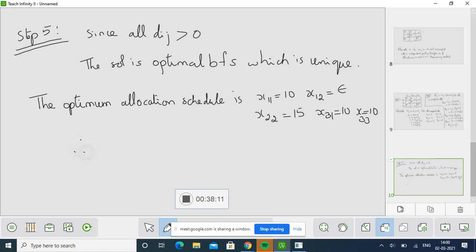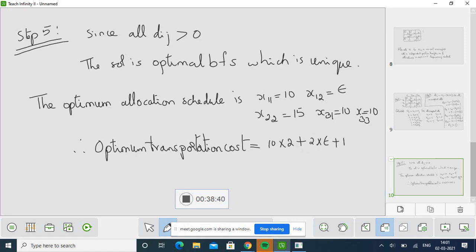Therefore, the optimum transportation cost is equal to, what will happen? 10 into 2 plus 2 into epsilon plus 15 into 1, am I correct?